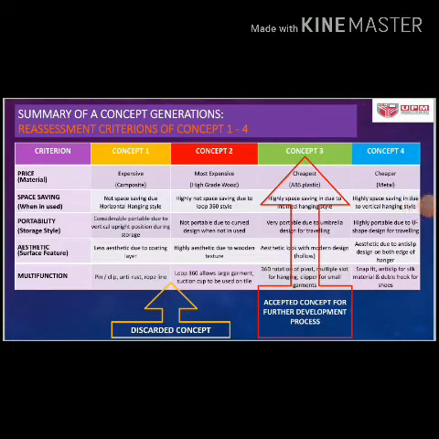Okay, towards the end, the outcome of the morph matrix is that it guides you to come up with different conceptual designs. In this case, we have concepts 1, 2, 3, and 4, and these concepts come out with different ideas, or perhaps combine the same ideas from other concepts.